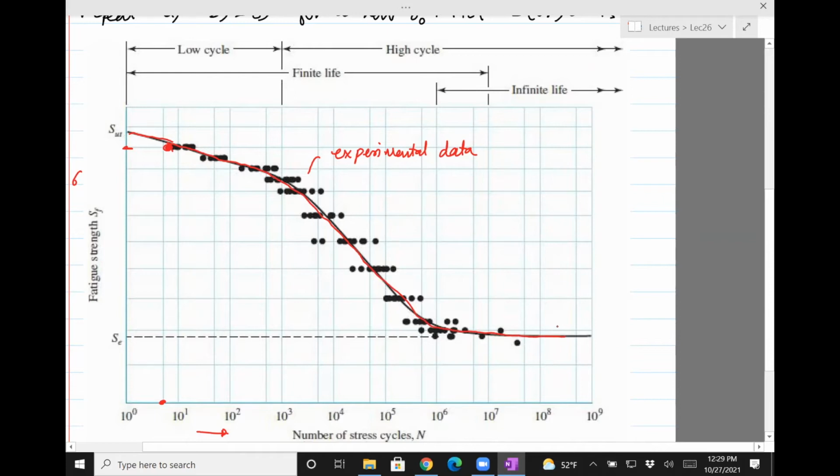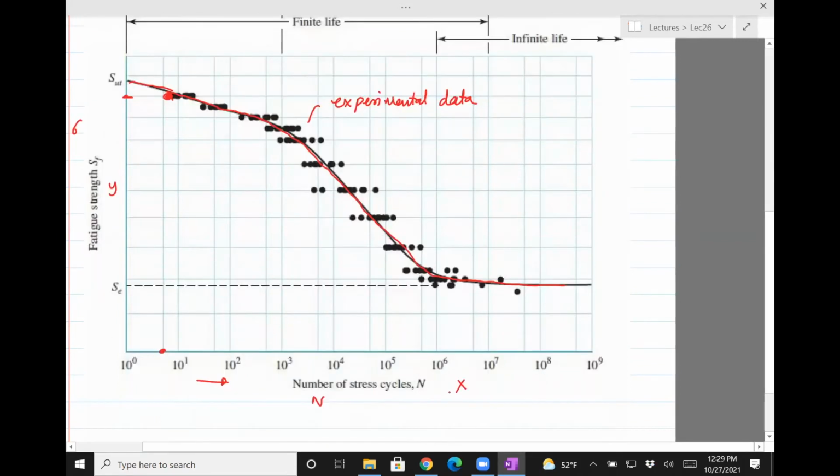This plot is made on a log scale. It's kind of miswritten here: y is actually log of S, and x is actually log of N. When you make it on a log scale, it looks nice.